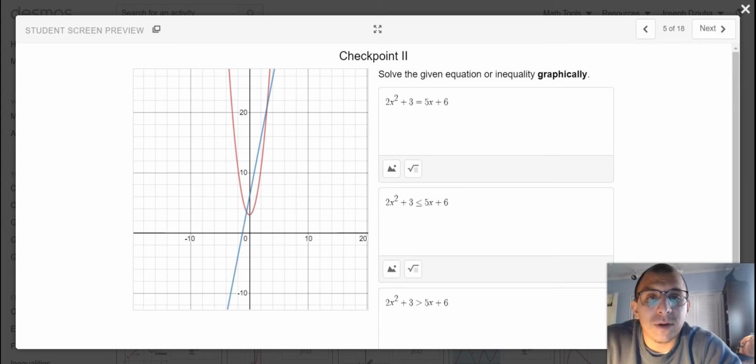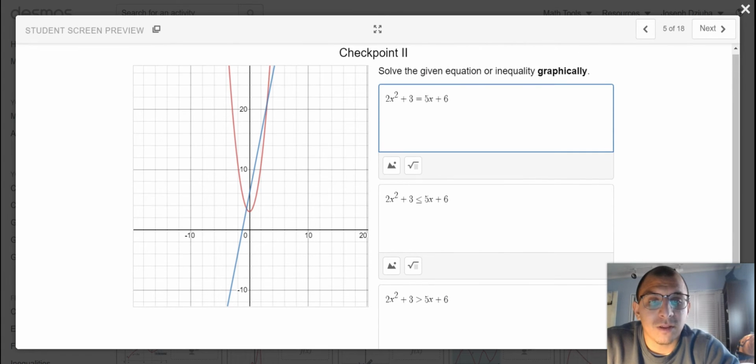Here, as you can see, we have the graph of 2x squared plus 3 and the graph of 5x plus 6. I am not going to name either one of them. That is your responsibility. But you are tasked with determining the values of x by which these equations and inequalities hold true.